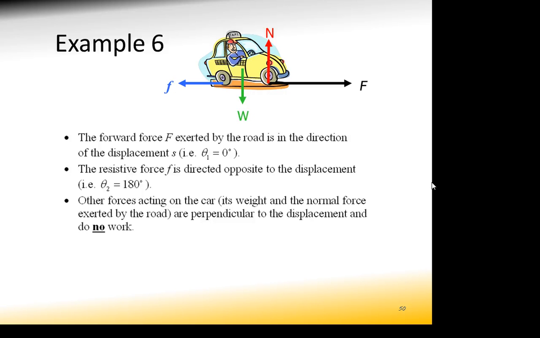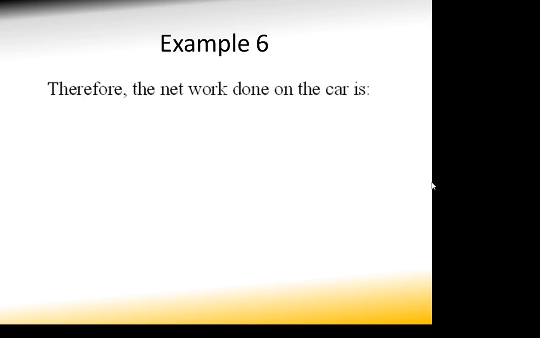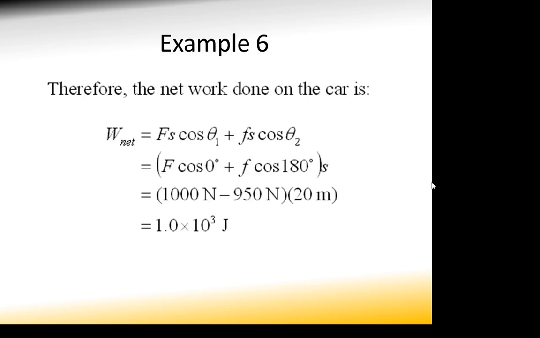The net force on the object will cause it to gain energy. So the net work done on the car is just the forward force minus the backward force, times 20 meters. I can equate this to be the kinetic energy gained by the car.